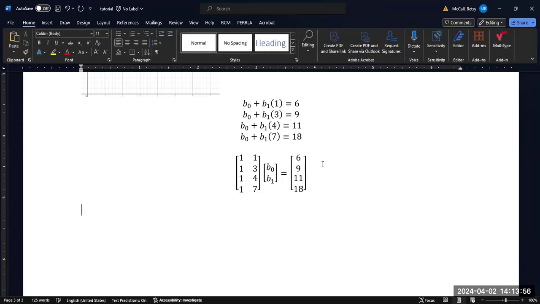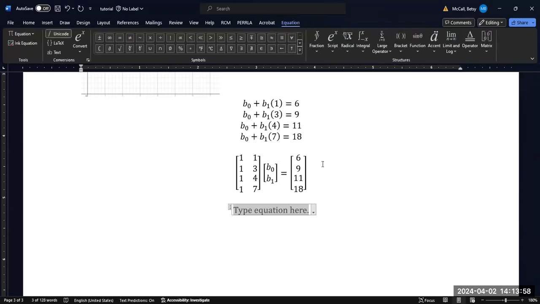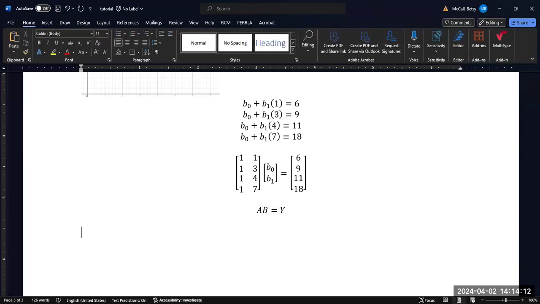And essentially, the labels that we're going to put on our equation is that our first matrix, our coefficient matrix, is A. Then we're going to have our B matrix, which represents our coefficients, B0 and B1, and then that's equal to Y. Now, as we've said, unless these equations line up on a straight line perfectly, there's no way to solve this. It's overspecified.